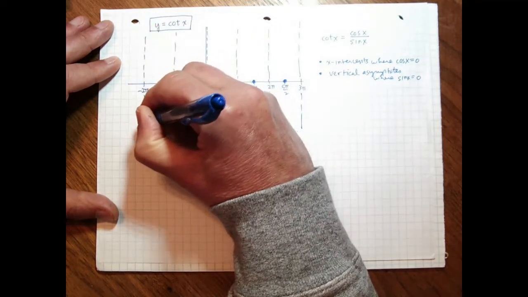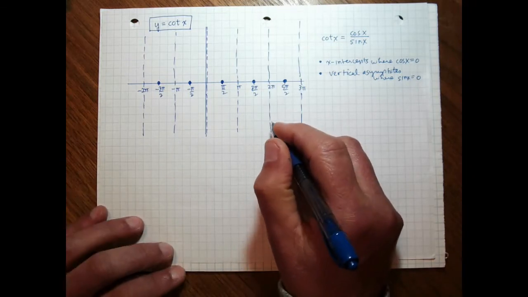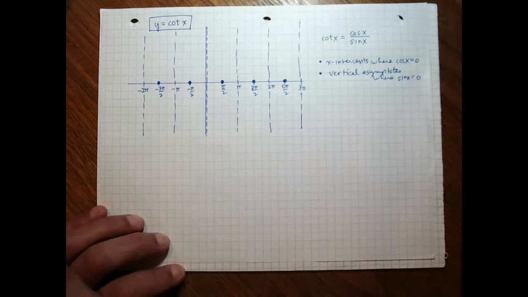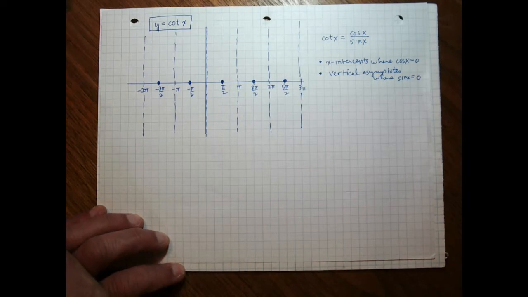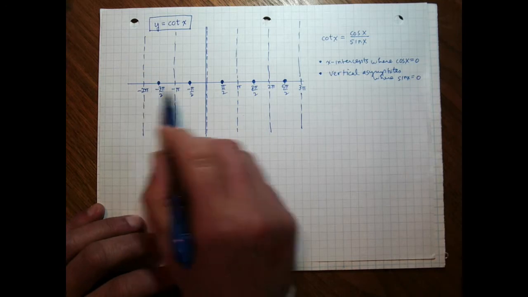So cotangent has vertical asymptotes where tangent has x-intercepts, and it has its x-intercepts where tangent has vertical asymptotes.